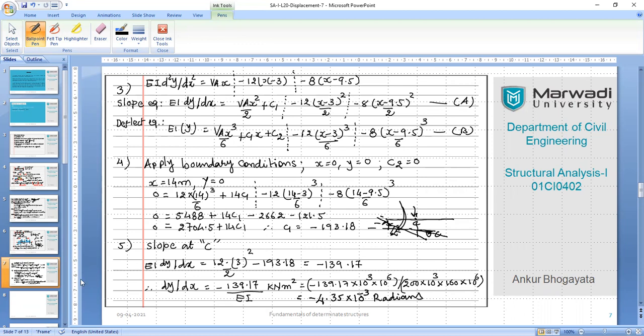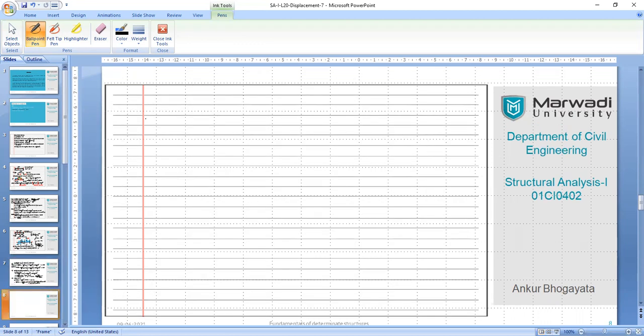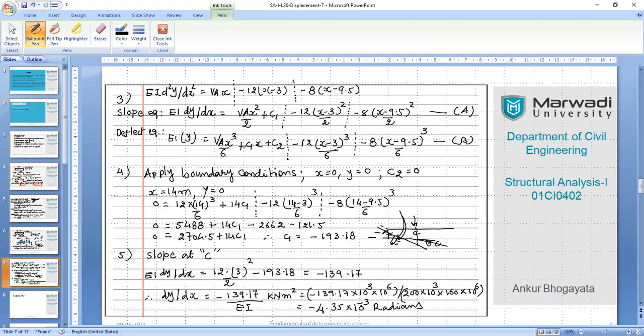And in the sixth step, we'll calculate the deflection at point C. Now, if required, you can do the same calculation of slope at point D also, or any random distance you select on this beam, and you just need to replace x with that distance. So your job will get done.